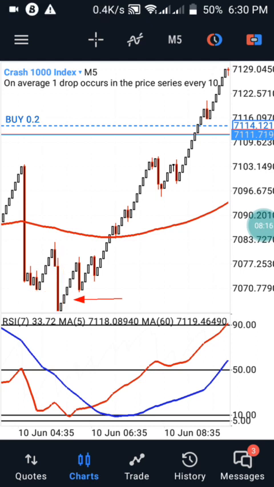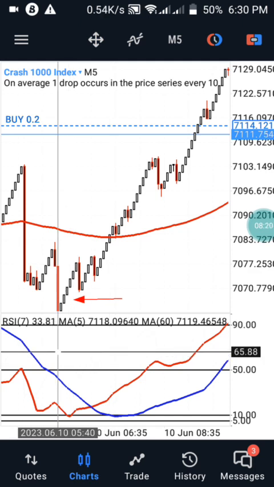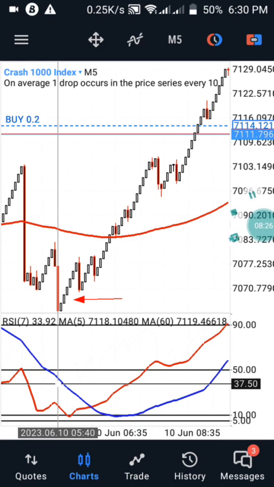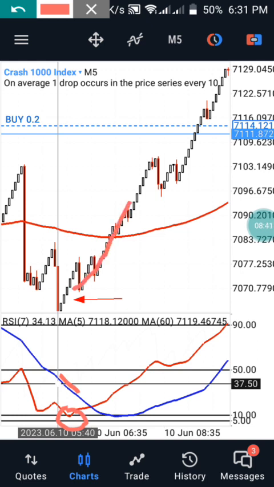You need to wait for the blue line to move below the 50 level. So once it's able to move below the 50 level, and you can confirm that your blue line has moved below the 50 level, then you have nothing to fear. You just enter the market and keep counting your candlesticks, and you are out of the market.